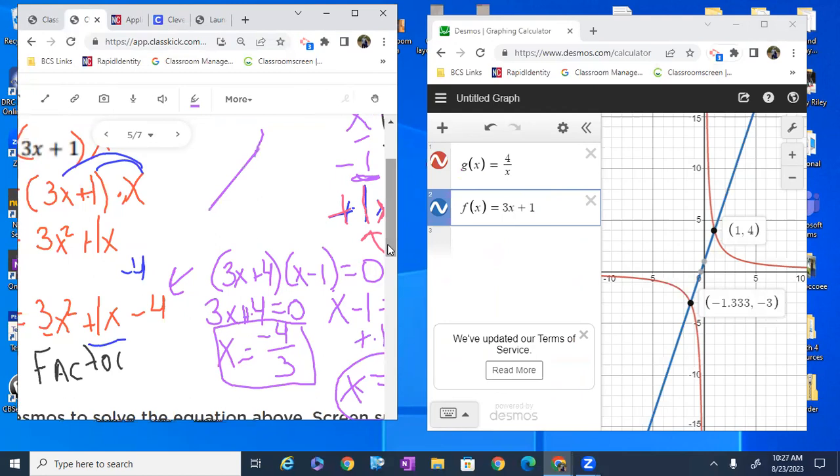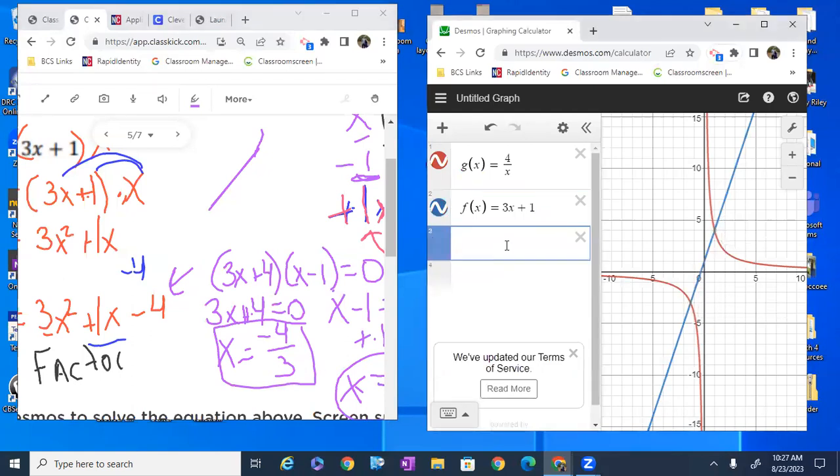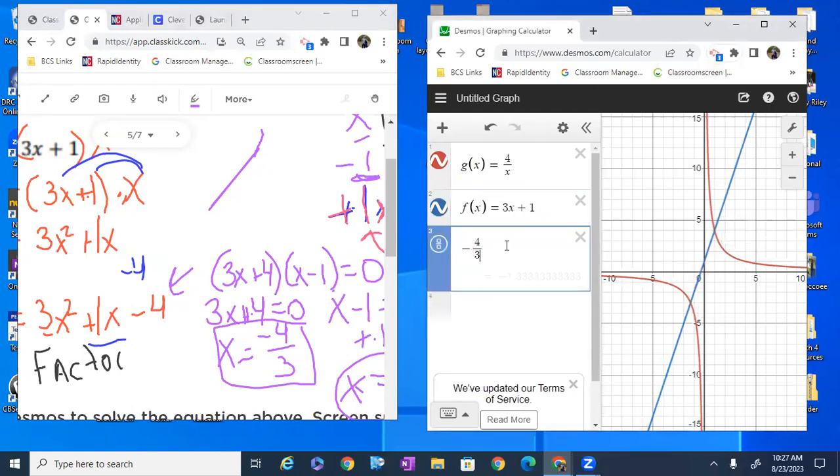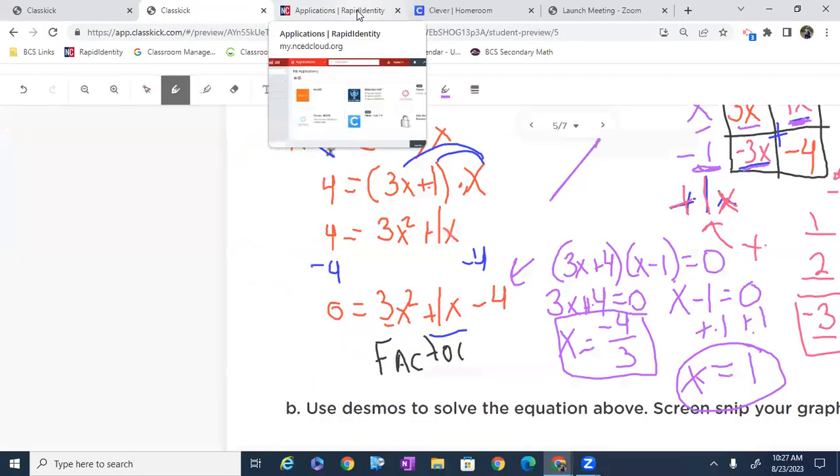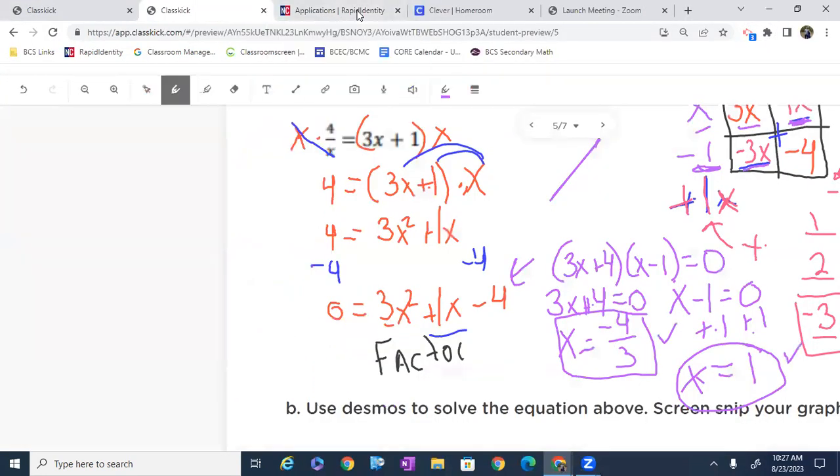And then the second answer is at negative 1.33. One of our answers was negative 4/3. So I'm just going to go ahead and type in negative 4/3. That gives me negative 1.33. So negative 1.33 and positive 1. We have two answers. This lines up and that lines up. That means we have done this correctly.